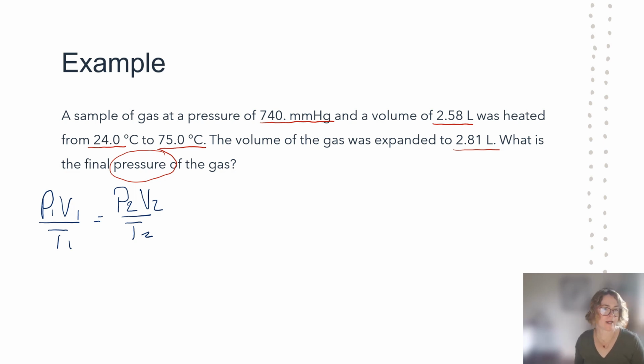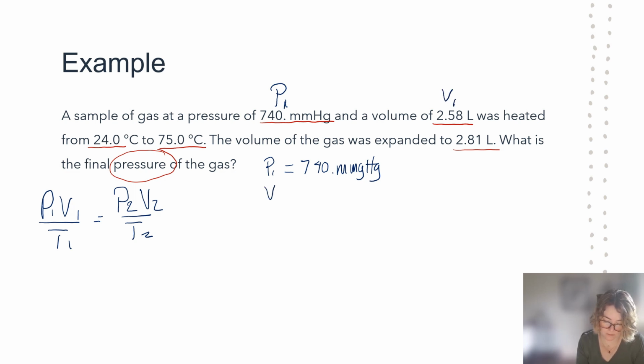One thing I really highly recommend is that you go ahead and assign your variables. I have an initial pressure, so P1 is 740 millimeters of mercury. I've been given an initial volume, so V1 is equal to 2.58 liters.